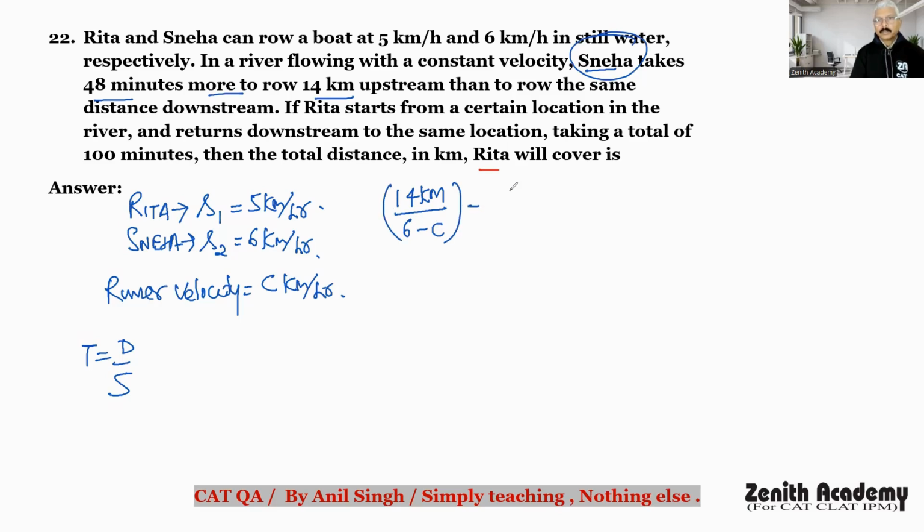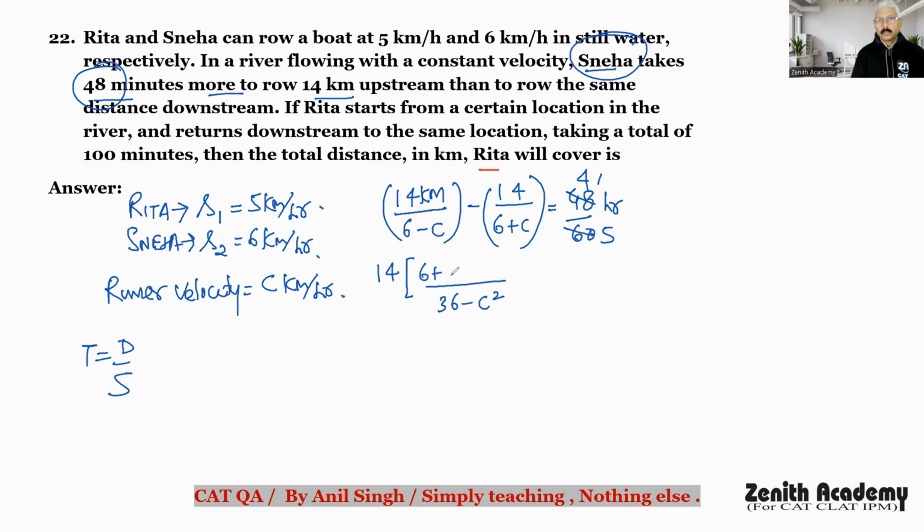This time minus the downstream time. Now the resultant speed will be 6 plus C. This is given equal to 48 minutes. 48 minutes divided by 60, now converted to hours. Simplify it. So 12 over 5, and here 14 is common. The LCM will be 36 minus C square.